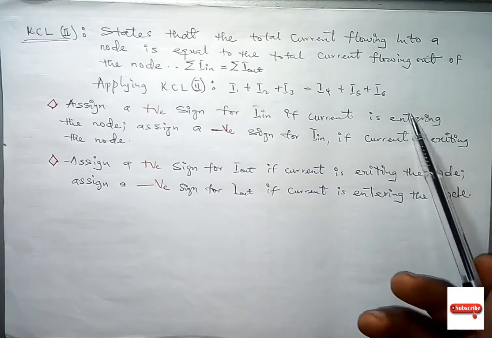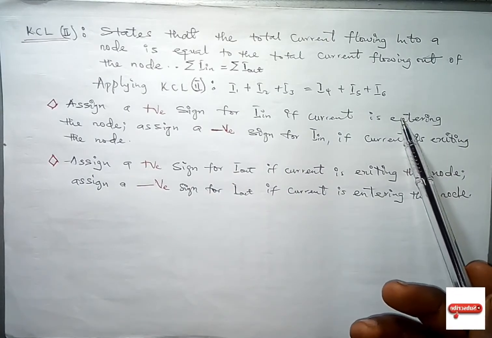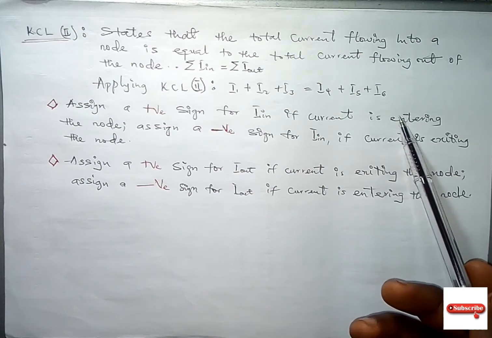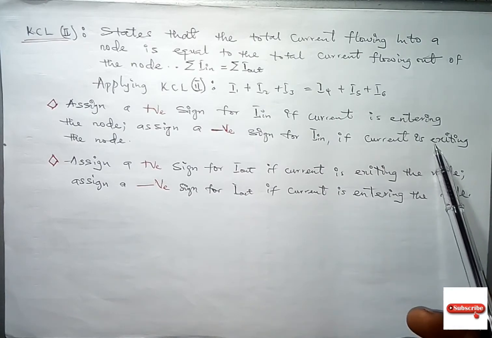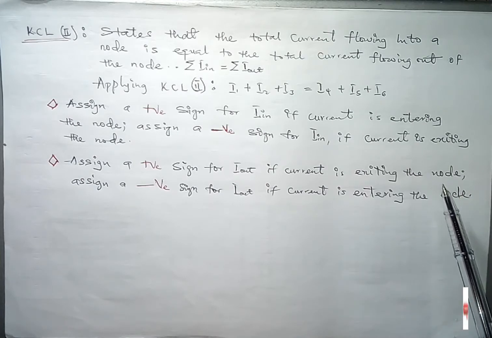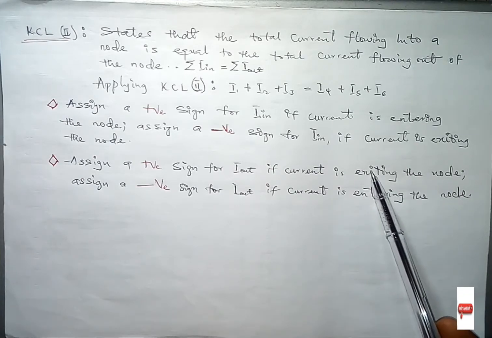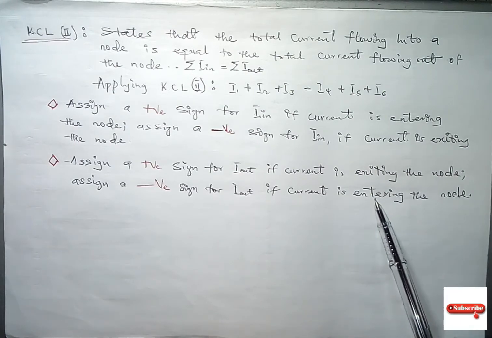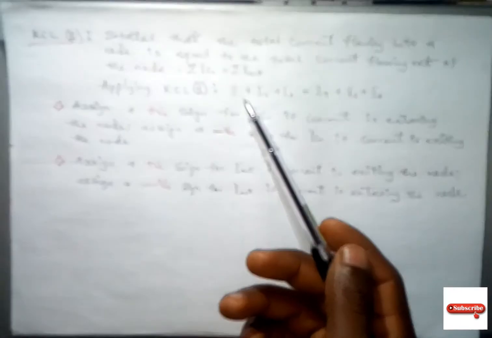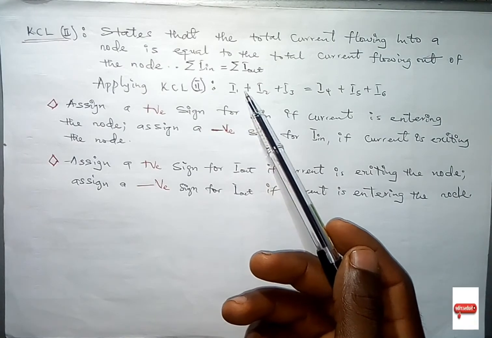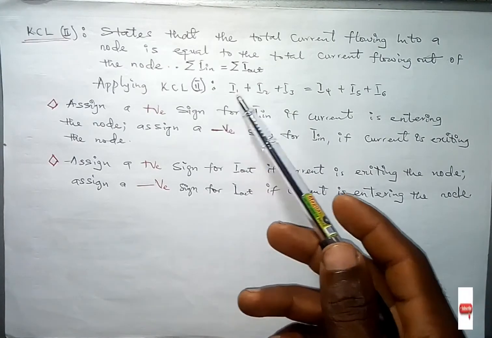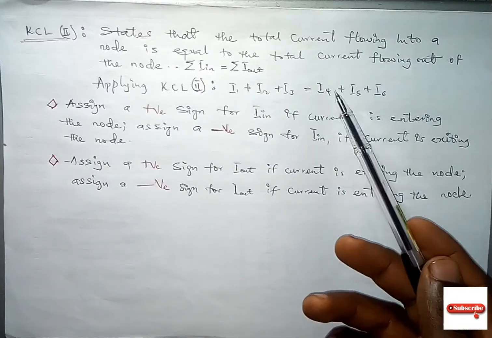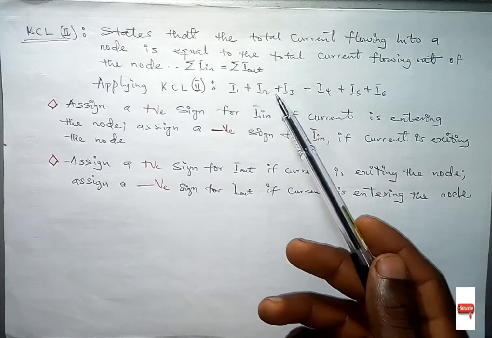If you want your I in to be positive, definitely your I out will be negative. On the other hand, if you want your I out to be positive, definitely your I in will be negative. In this case, we applied a positive for our I in, and our I out is going to be negative on the other side.